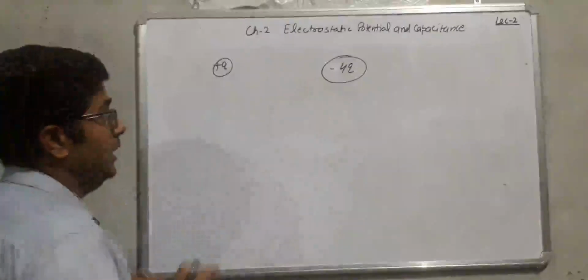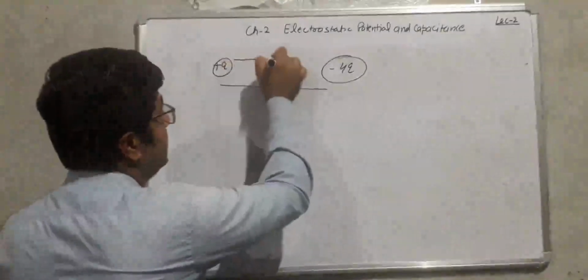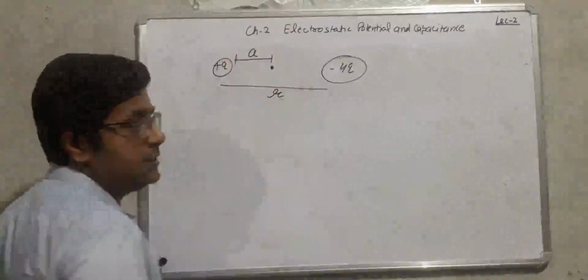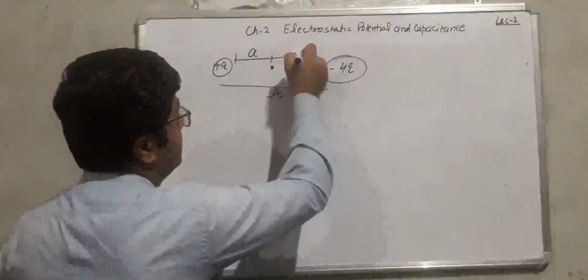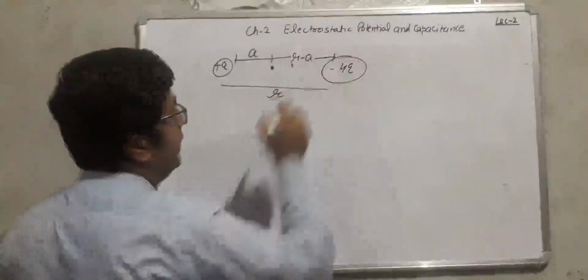This is a positive charge and this is a negative charge, and they are placed at a distance r. You have to find out where the net potential due to these two is equal to 0. So let's take this point at a distance a. So this distance must be r minus a.